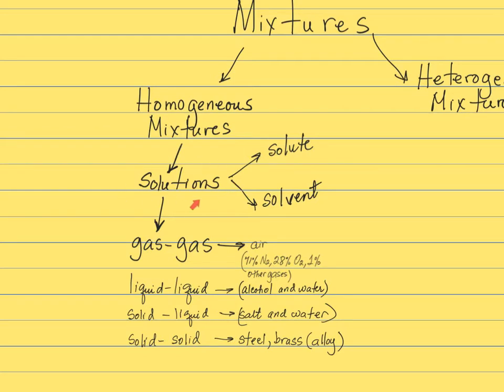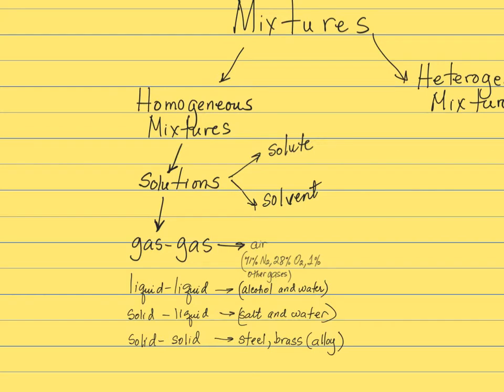Now we have different types of solutions. Gas solutions, and an example is the air, because when you look at the air, can you see the difference between the different components? No. The air, by the way, is made of 75% of nitrogen, 28% of oxygen, and 1% of other gases. Other gases like sulfur dioxide, nitrogen dioxide, carbon dioxide are there in the atmosphere too.